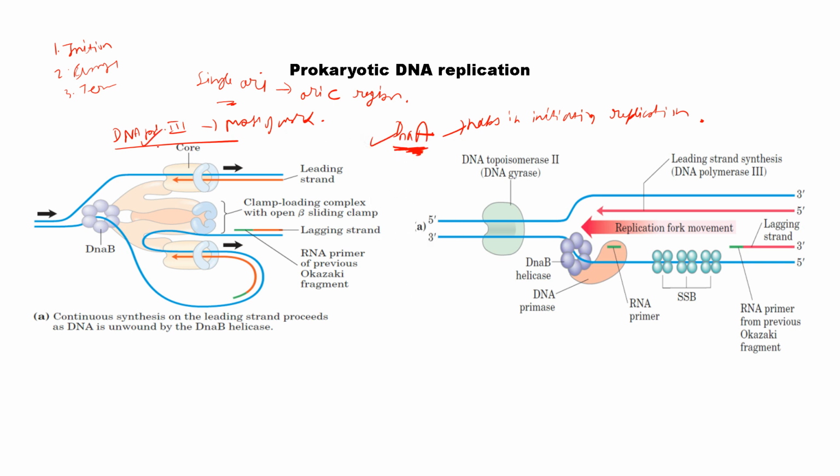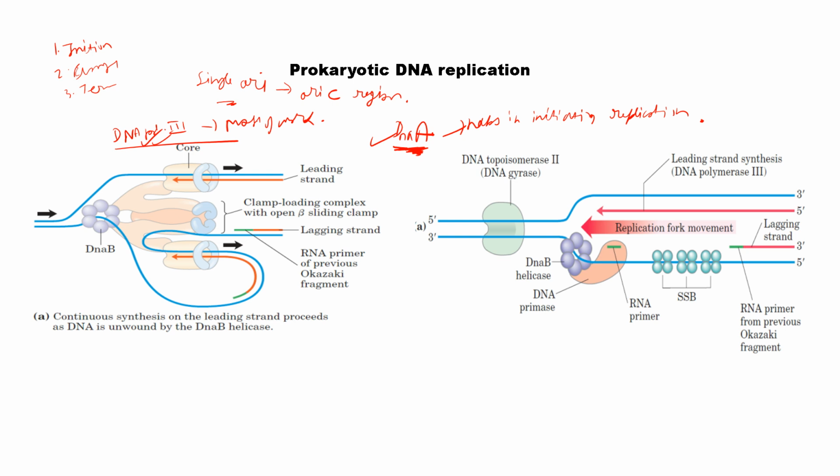Then, similar to eukaryotes, one strand, the leading strand, is synthesized continuously in the 5' to 3' direction towards the replication fork. The other strand, the lagging strand, is synthesized discontinuously in short Okazaki fragments. Then RNA primers in the Okazaki fragments are replaced with DNA by DNA polymerase.